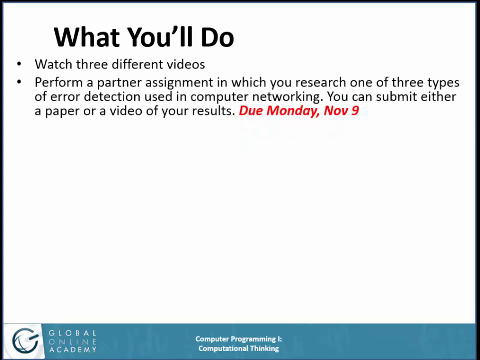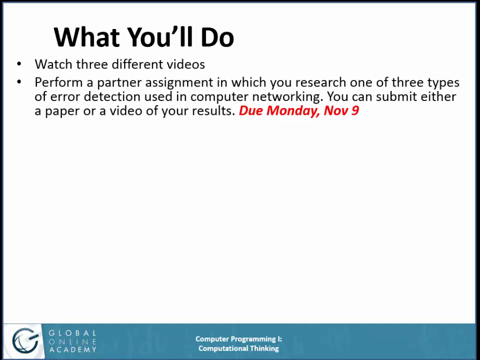The assignment that comes after video 4A, which I call assignment 4A, is going to be a partner assignment. So I have assigned you to a partner. You're going to research one of 3 types of error detection used in computer networking. There are many different ways that error detection can happen, and I go over one of them in the video. These are 3 others that I didn't do in the video, so you'll have to do some digging on your own.